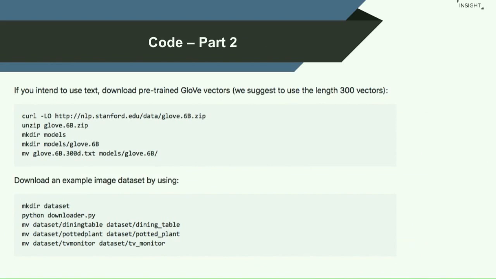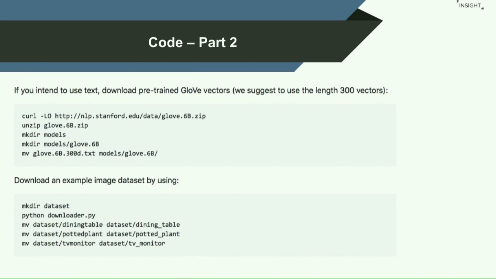Some of you might have already been doing this, but one of the things that we're going to be downloading to use here are these pre-trained GloVe vectors. These are the word-to-vec vectors that you can use here directly. You can curl it off of the Stanford website and then move it into the models repository.